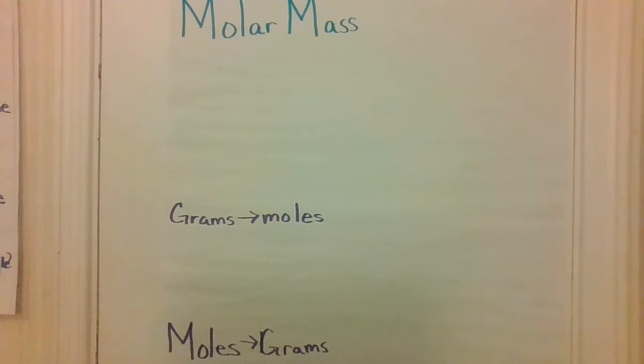The molar mass is just everything within a particular compound or element in question, and you're wanting to determine how much the entire compound weighs. So one of the first things that we're going to do is determine the molar mass of a particular compound.